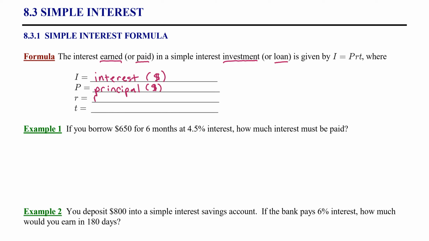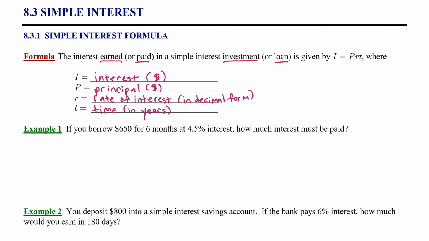R is the rate of interest, and it always must be in decimal form. And T represents time measured always in years. Okay, so if we're talking about a 6-month investment like we will on the next example, time would be 1/2 or 1/2 of a year. So keep in mind T is measured in years.